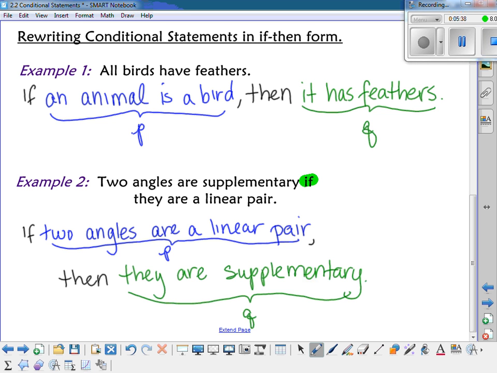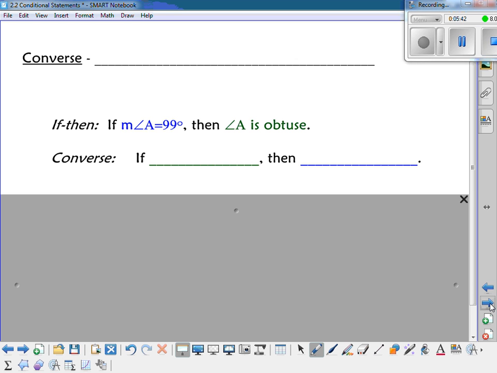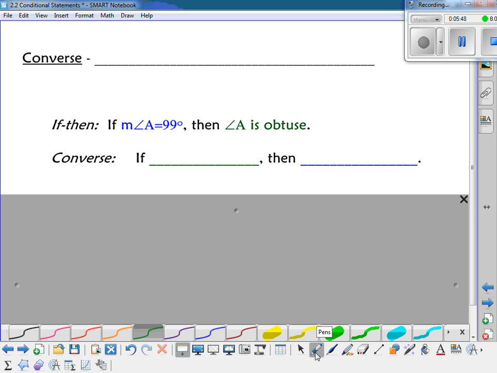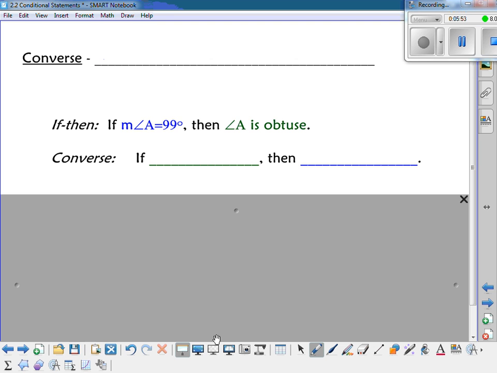Now, in addition to the original conditional statement, sometimes we will do things to manipulate the statement. The first thing we're going to talk about is the converse. When we write the converse, we exchange the hypothesis and conclusion.